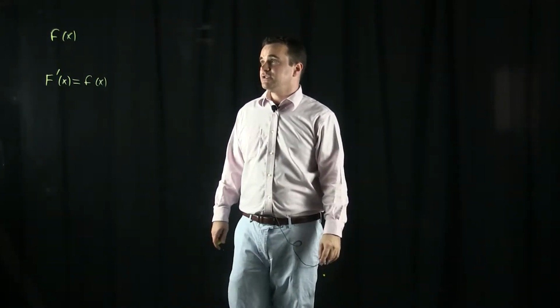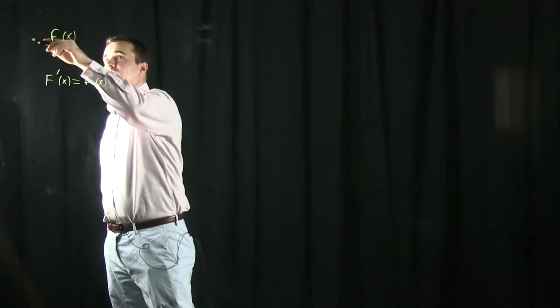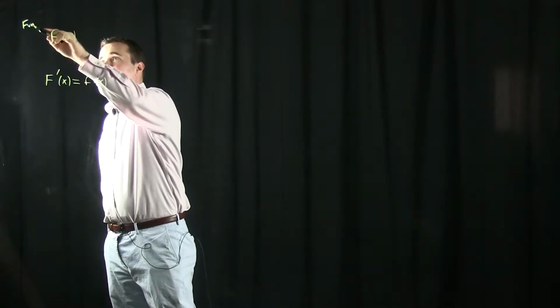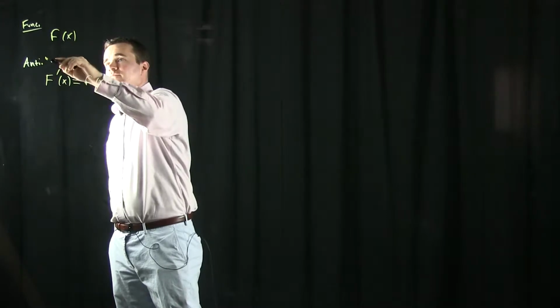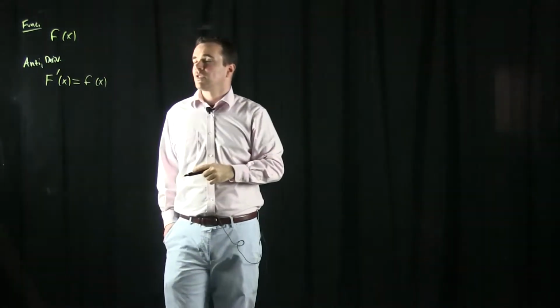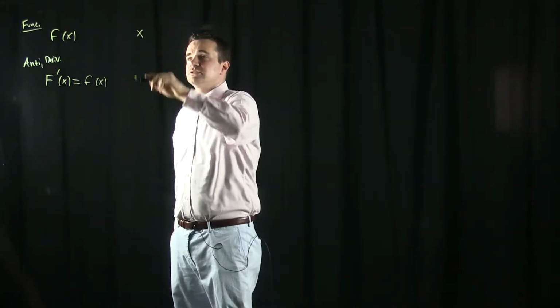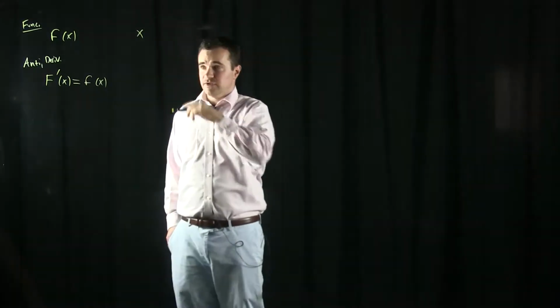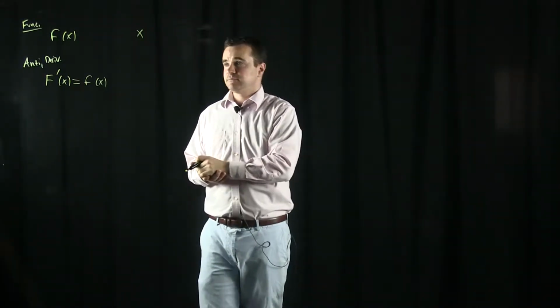So let me show you a bunch of examples. Here's the function, and here's the antiderivative. I could start out with x, and an antiderivative is going to be any function whose derivative is equal to x.